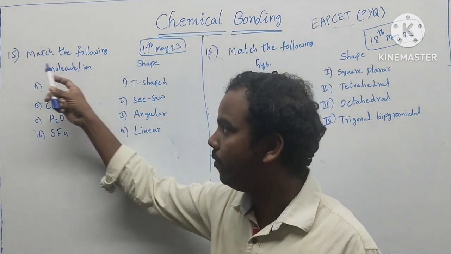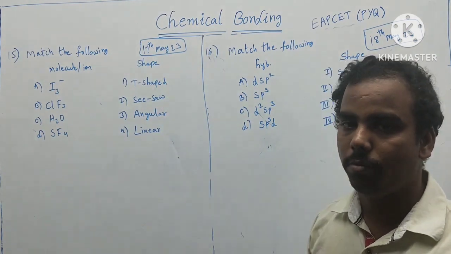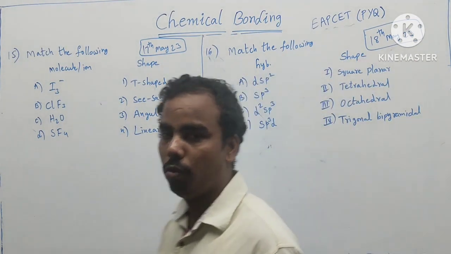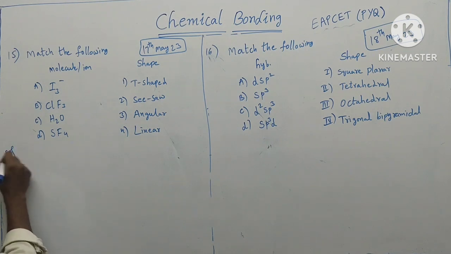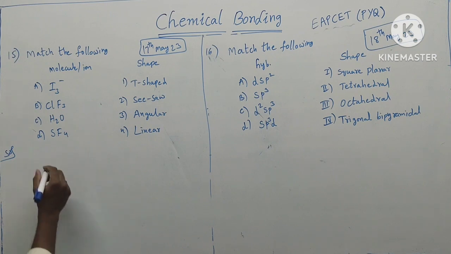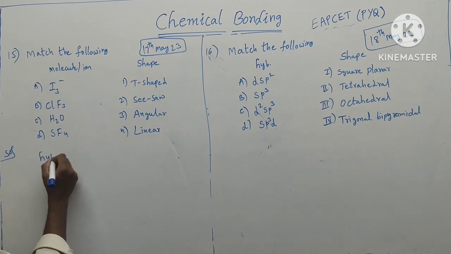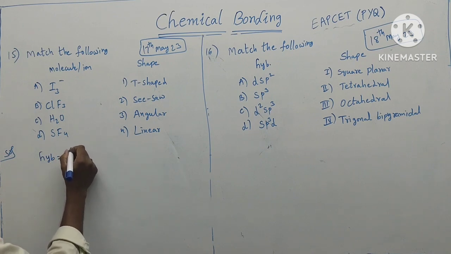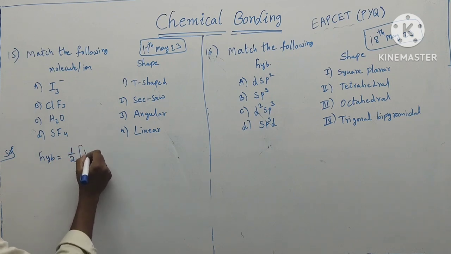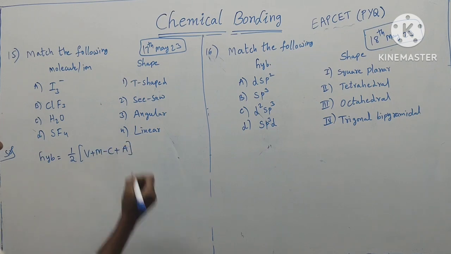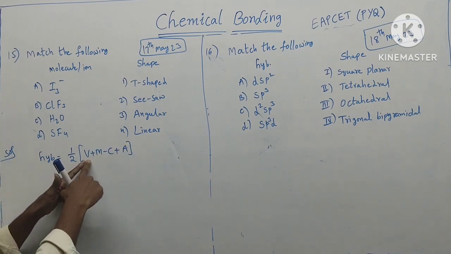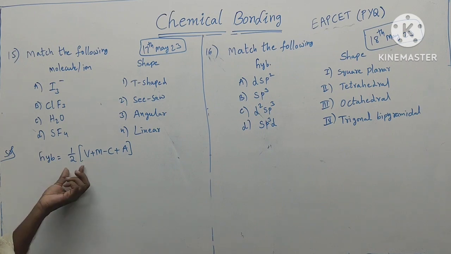So next question is 15. Hybridization concept. First, how to find the hybridization of the molecules? One of the formula: hybridization is equal to half into V plus M minus C plus A. Here V means number of valence electrons, M number of monovalent atoms, C cation charge, A anion charge.